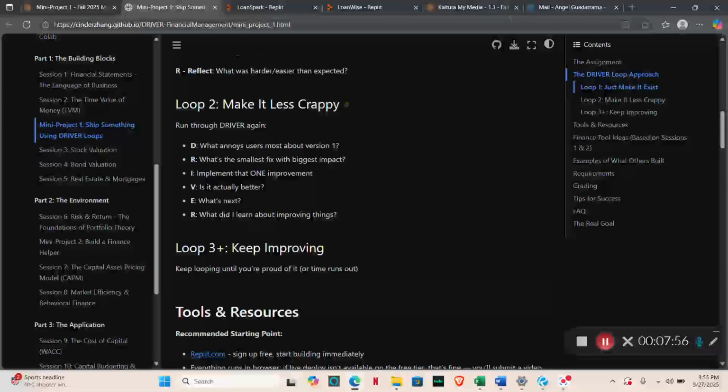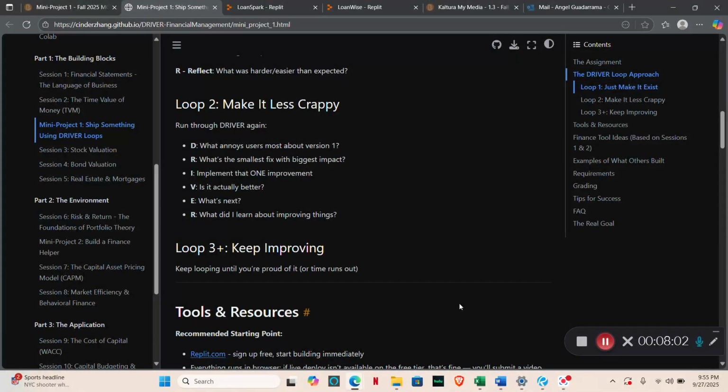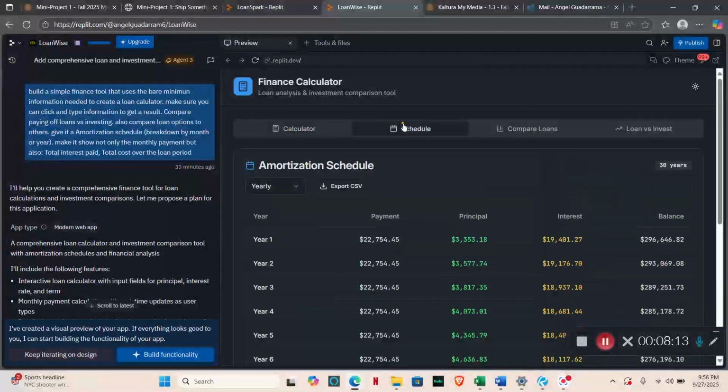What did I learn about improving things? In order to improve things, sometimes you have to use something simpler, but make it to where it's easier for everyone to understand, if that makes sense. So how did I improve things? I added a schedule, and this was easier for everyone to understand what was actually going on behind the scenes with interest, principal, and payments, and it even gives a balance.